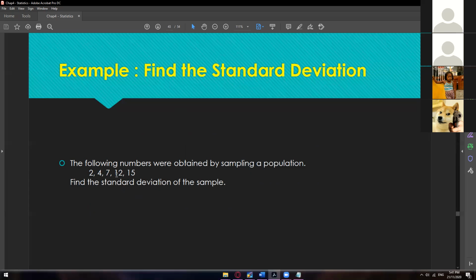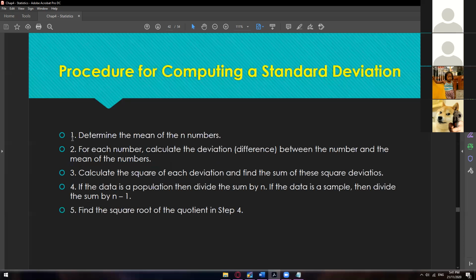So 2, 4, 7 to 15 is just a sample. The arithmetic mean symbol we're going to use is x bar. For the population it's mu, but since this one is a sample, we use x bar. The question is: find the standard deviation of the sample. Just apply those 5 steps.